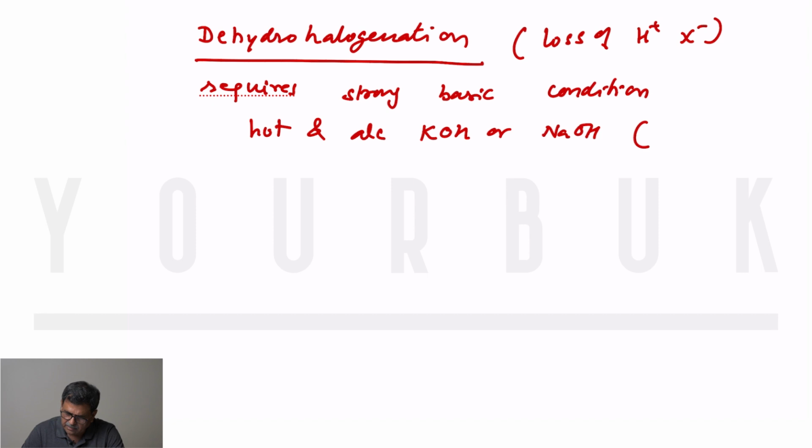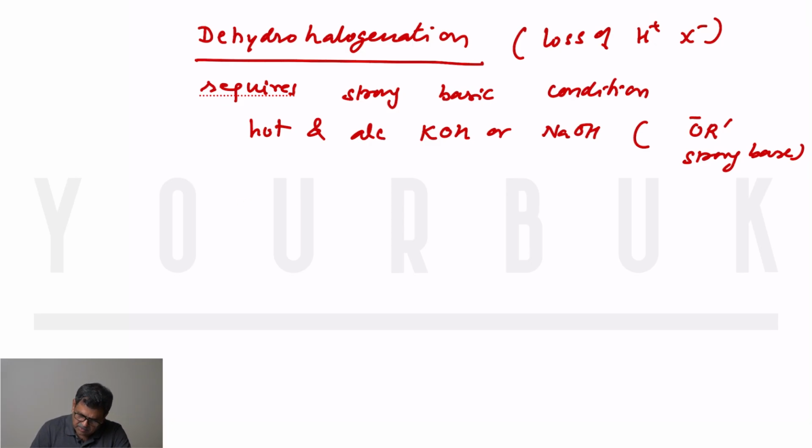And they combine to give the alkoxide ion, which is a very strong base. It's stronger than OH negative. So you should remember that aqueous KOH results in the formation of alcohol by nucleophilic substitution, but alcoholic KOH results in the removal to form alkene.